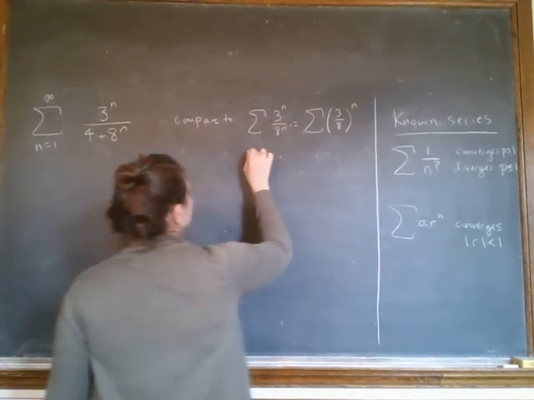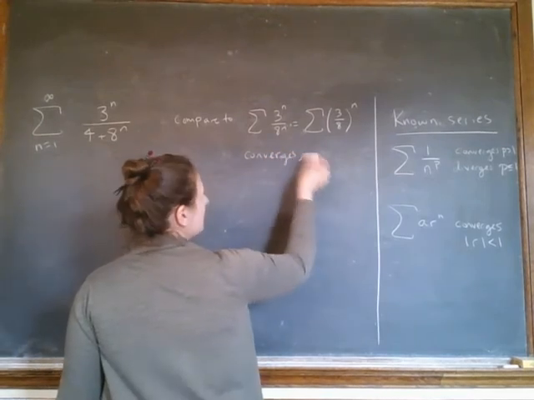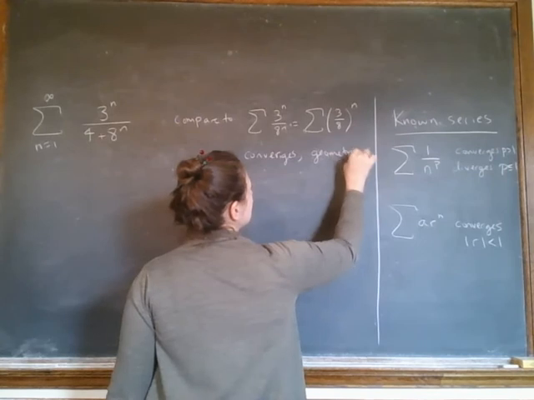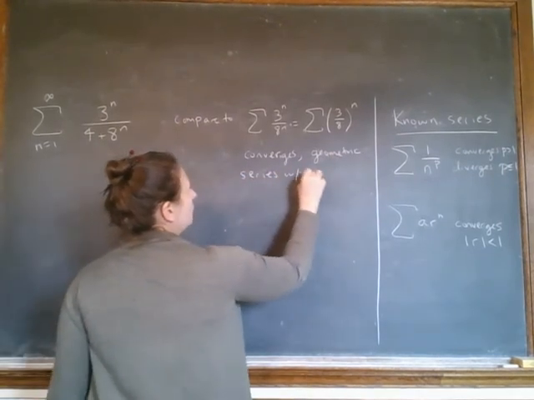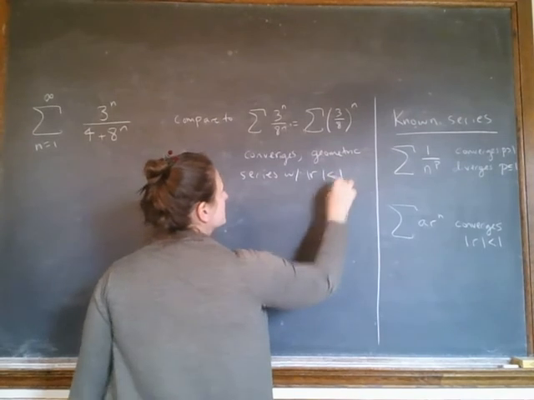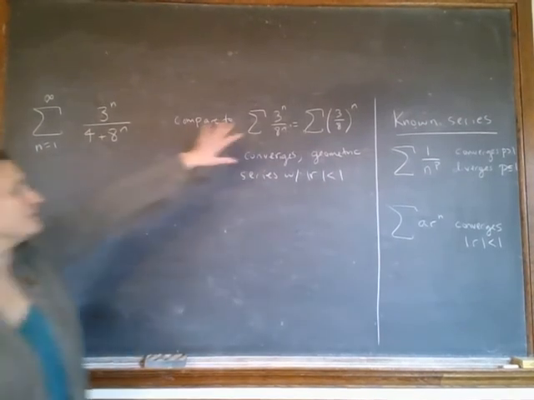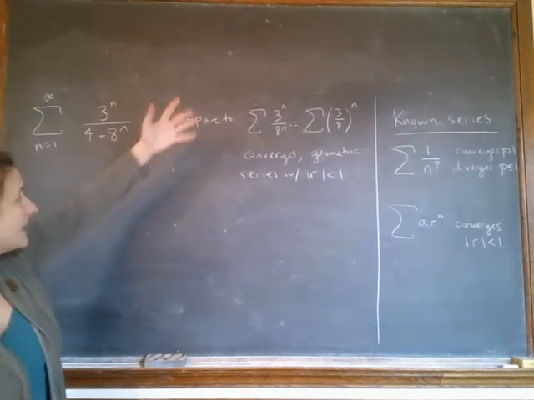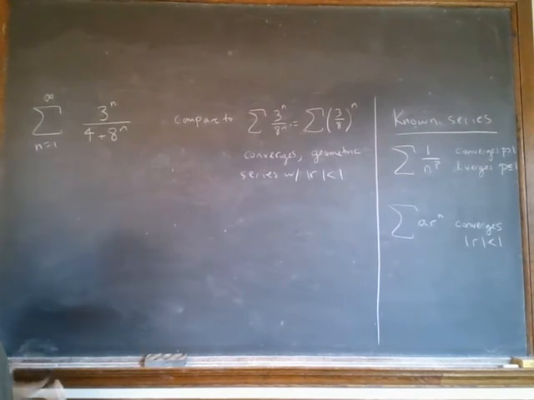This converges, it's a geometric series with absolute value of r less than 1. Okay, so how am I going to compare it? Now, since this is a convergent series, if I want my direct comparison to make any sense, this guy better be less than that. So let's see what we have.